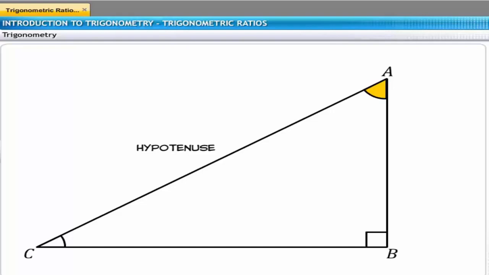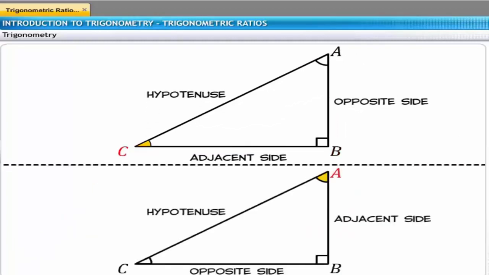Now, consider angle A. Side BC lies opposite to angle A. Let's call it the side opposite to angle A. Side AB lies next to angle A. It is said to be a side adjacent to angle A. Similarly, let's consider angle C. Side AB is the side opposite to angle C, while side BC is a side adjacent to angle C. Note that the terms opposite and adjacent change based on the angle being considered.